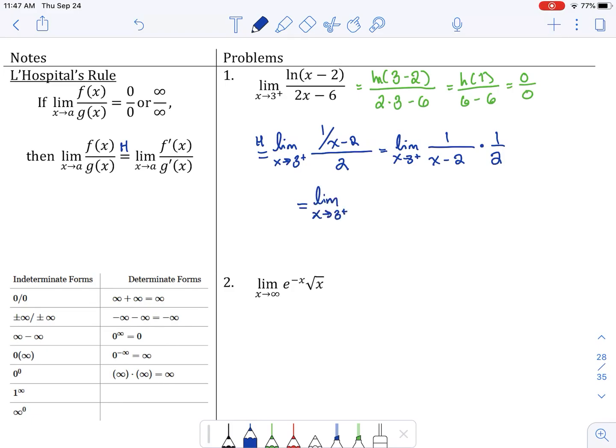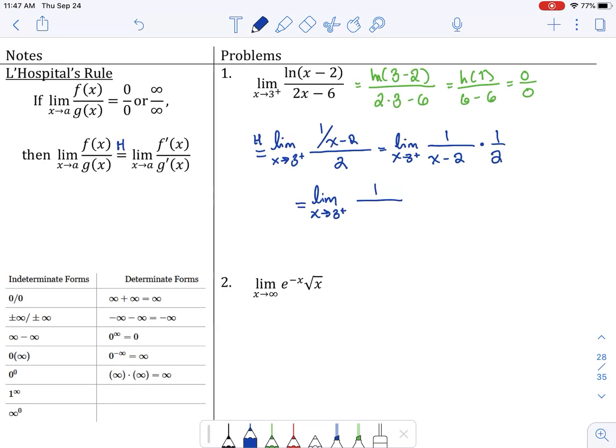So that's the limit as x approaches 3 from the right of 1 over 2x minus 4, which we can then again plug 3 into, and we end up with 1 over 2 times 3 minus 4, which is 1/2.